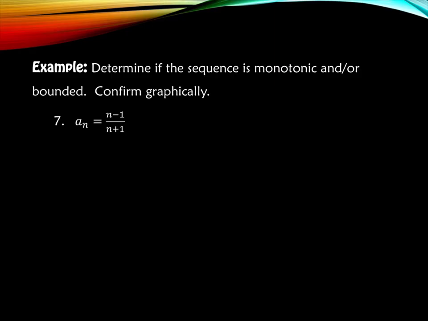So if you want your window to be reasonable, at least make your window start at like 1, because n equal 1 or x equal 1 is your starting spot, and then go to 10, and then you can just do your negative 10 to 10 for now, I think is probably okay.